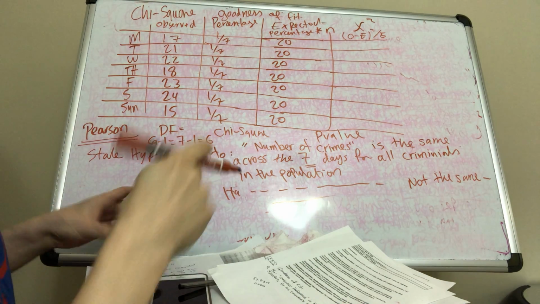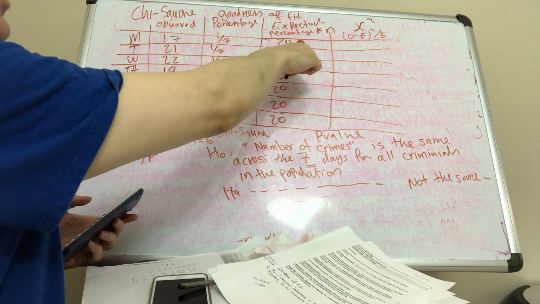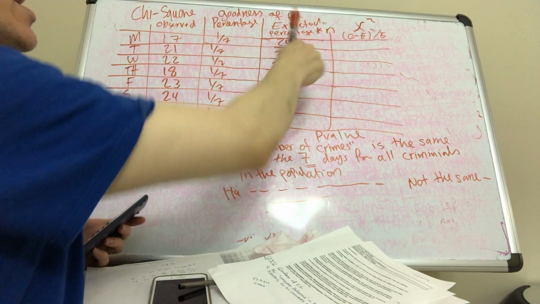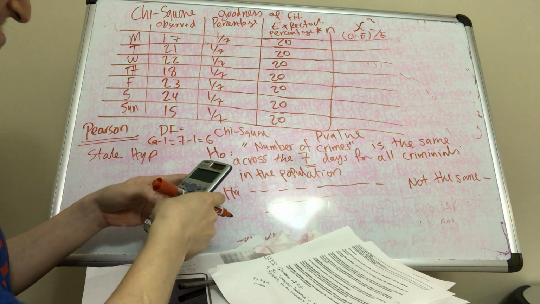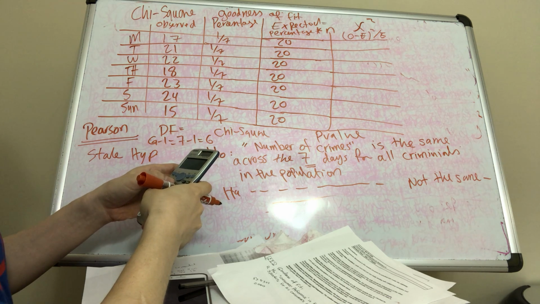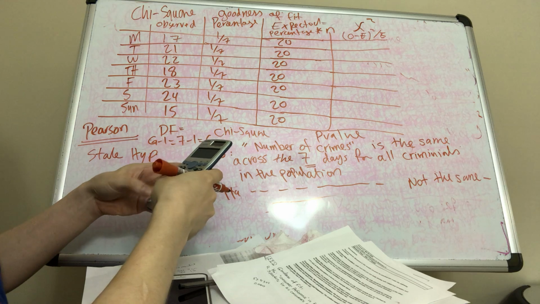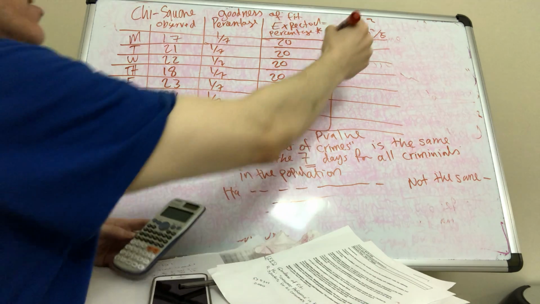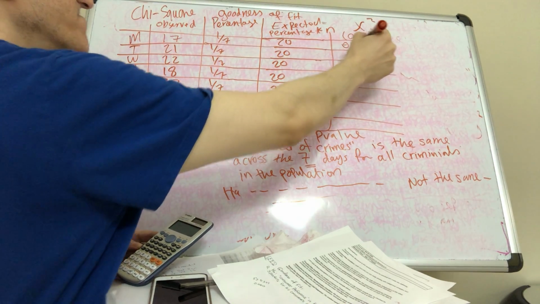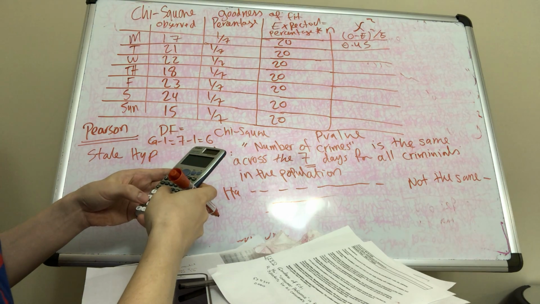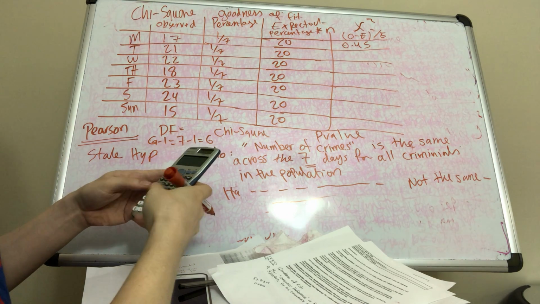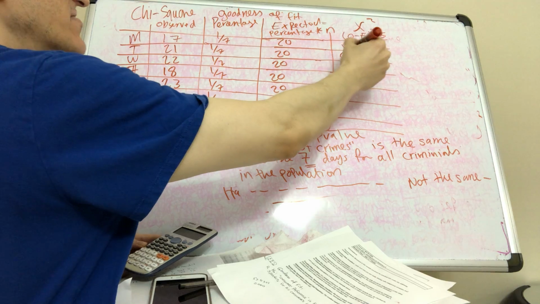So you take the difference between these two in brackets, you square and you divide by the expected. So the difference, bracket 17 minus 20, you square it and divide by 20. This one is 0.45. You do the second one, difference squared over 20, and that's 0.05.